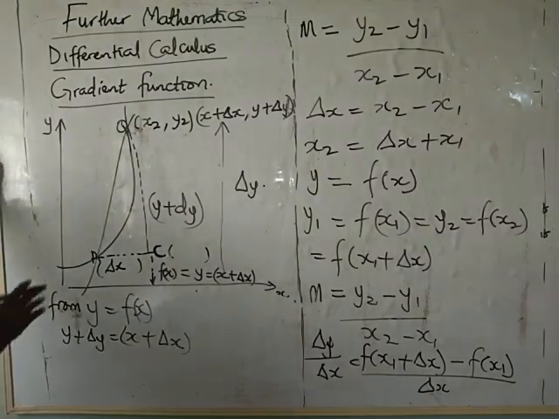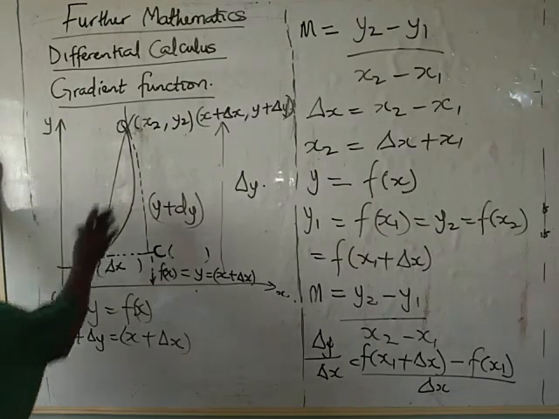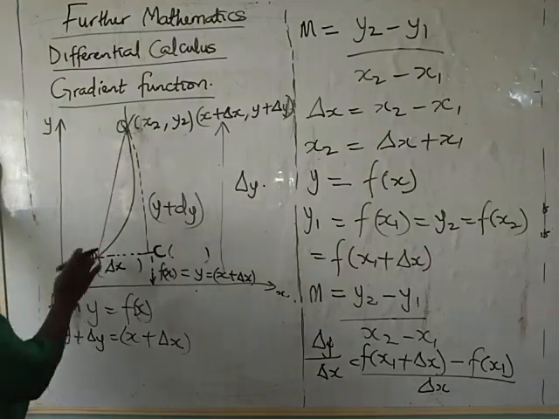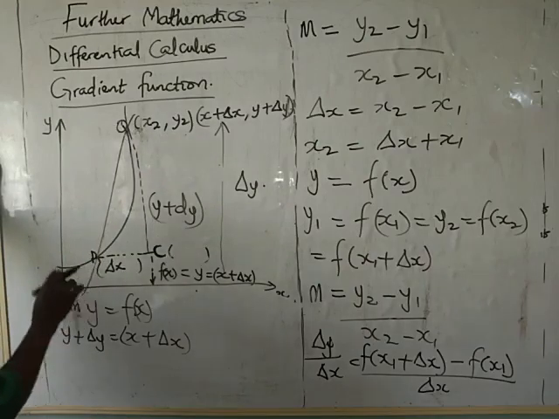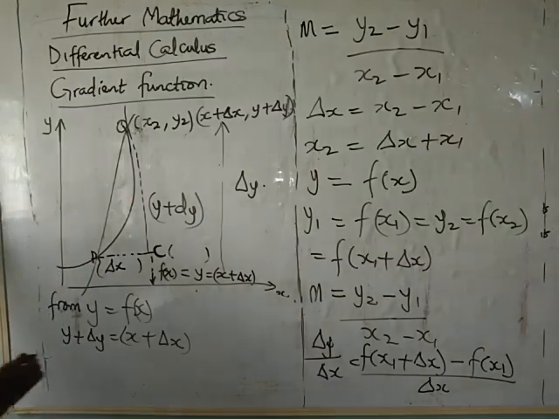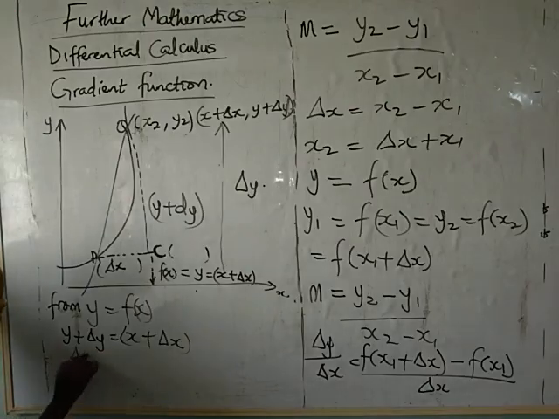So we want to measure the rate of change that will occur from this point Q to P. As this point is moving closer to P, the rate of change will be reducing to the extent that it will tend to zero, but it's not exactly zero.